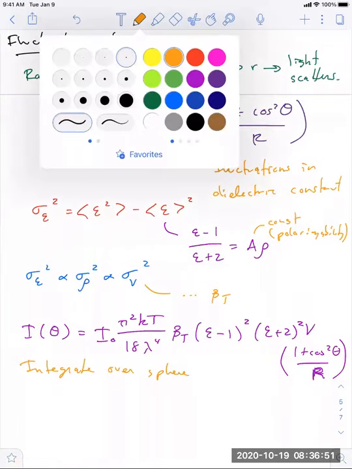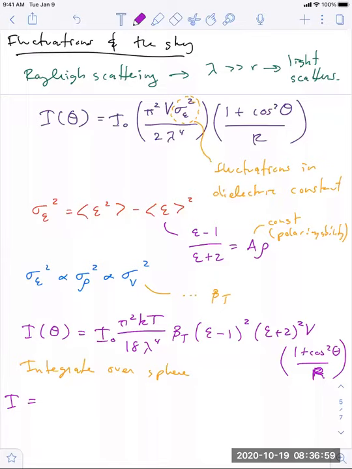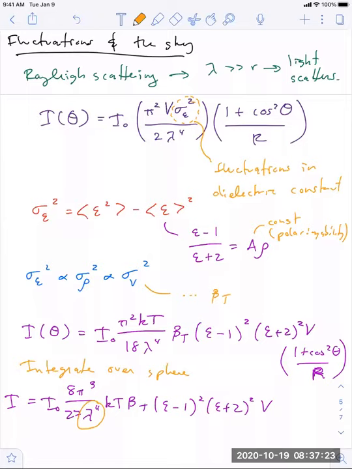And eventually we can show that the intensity of all scattered light is a function of the wavelength of incident light, 1 over that to the 4th power.